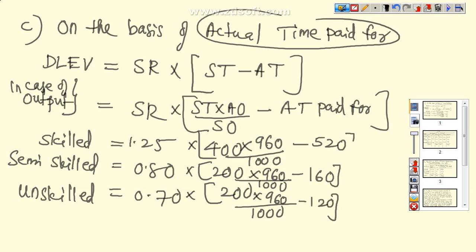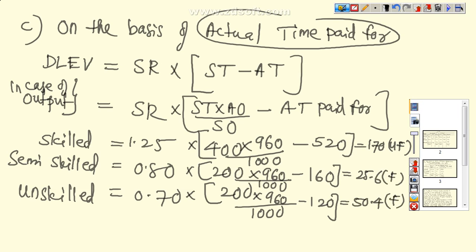That is equal to 170 unfavorable, 25.6 favorable, and 50.4 favorable. So the final answer is 94 unfavorable.